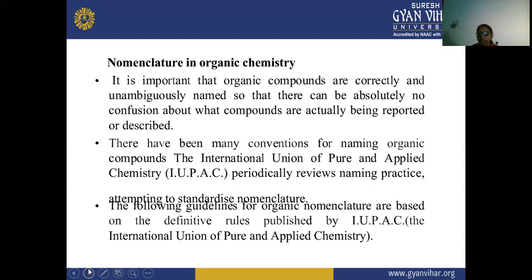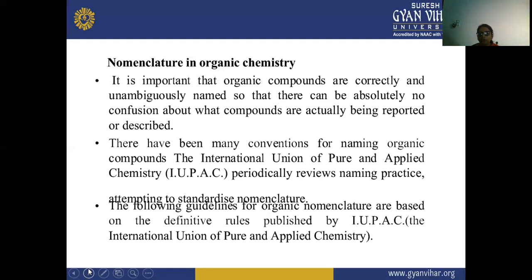The IUPAC, the International Union of Pure and Applied Chemistry, periodically reviews naming practice, attempting to standardize nomenclature, and the following guidelines for organic nomenclature are based on the definitive rules published by IUPAC. So nomenclature in organic chemistry is important.